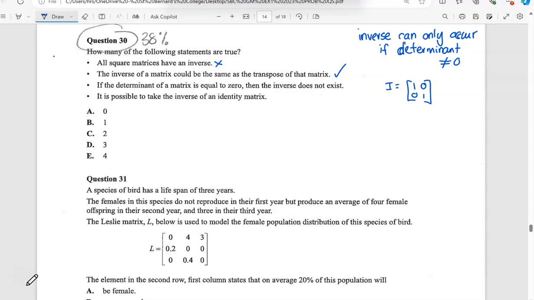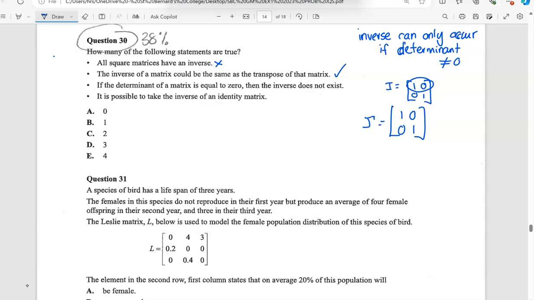Now, if I transpose this matrix, that means it goes that way. So you've got 1, 0, and then the other one goes 0, 1. Did that produce the same? Yeah. So if you do the inverse of the identity, you're going to get the exact same thing. It's sort of knowing a few of these facts which is going to make you a bit better.